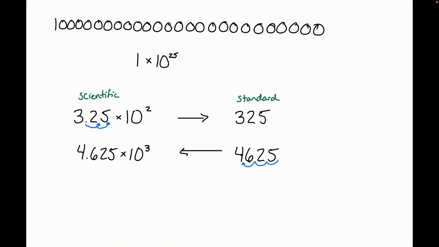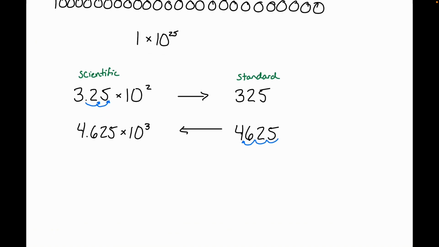Okay. We can also use negative exponents. Negative exponents are a little less natural for people in their mind, but we can use them in scientific notation. You will see them in scientific notation for small numbers. So for example, 1.25 times 10 to the negative 2.